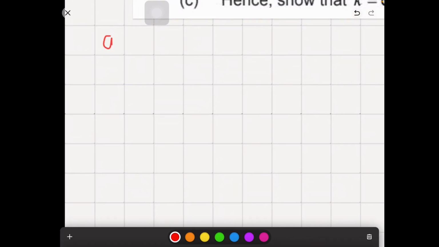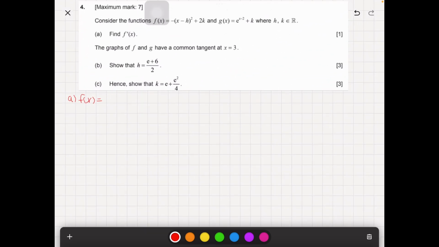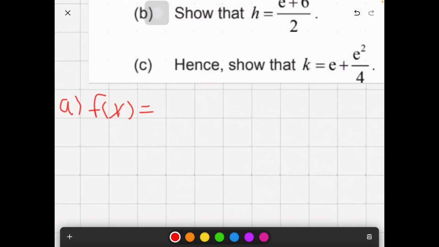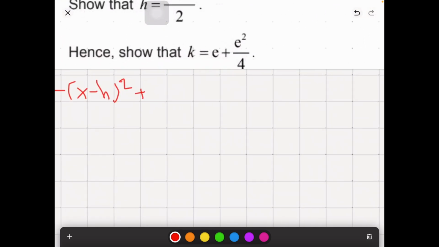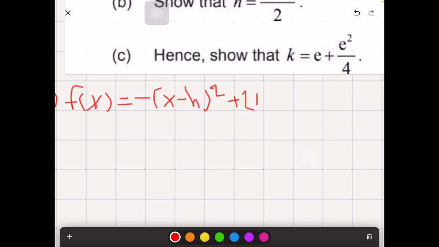So let me first write down what f of x was. And now we're going to find f primed of x.